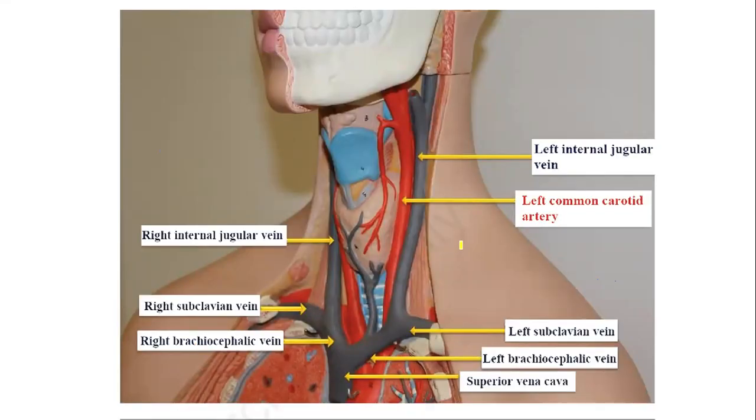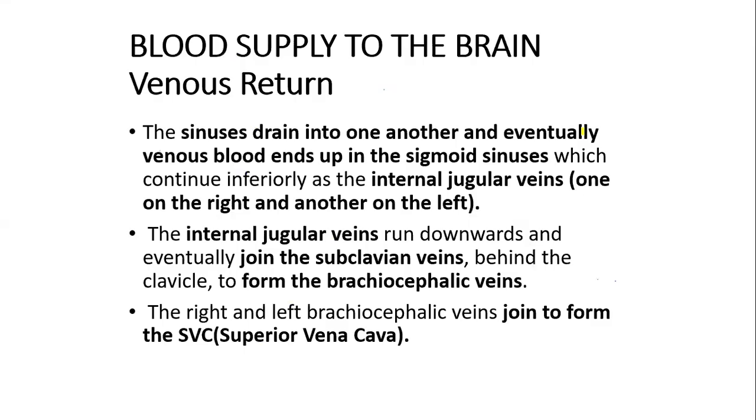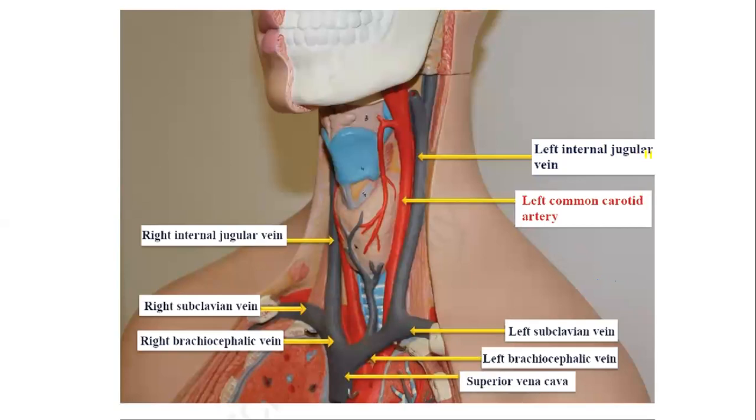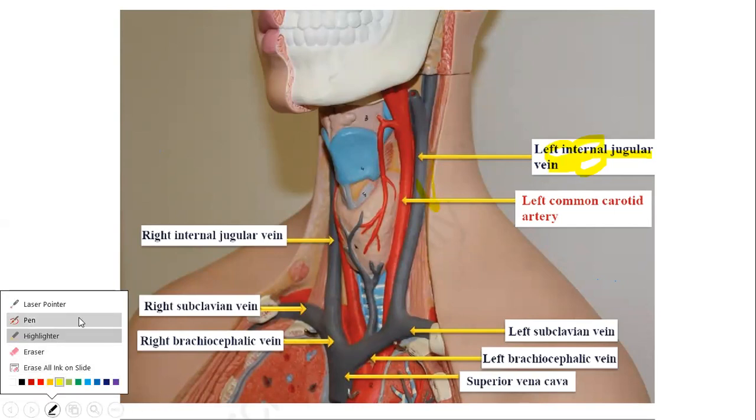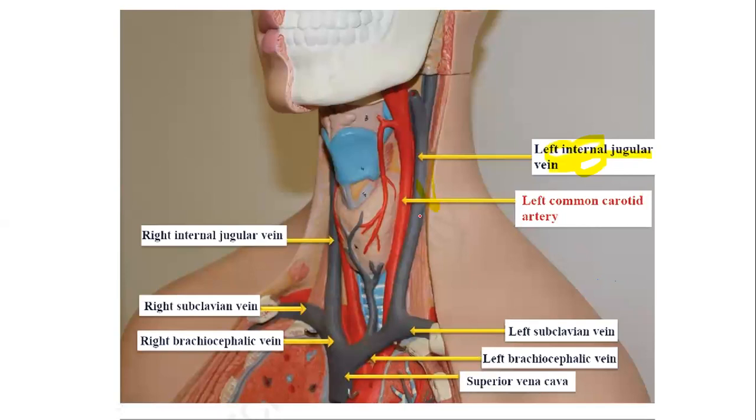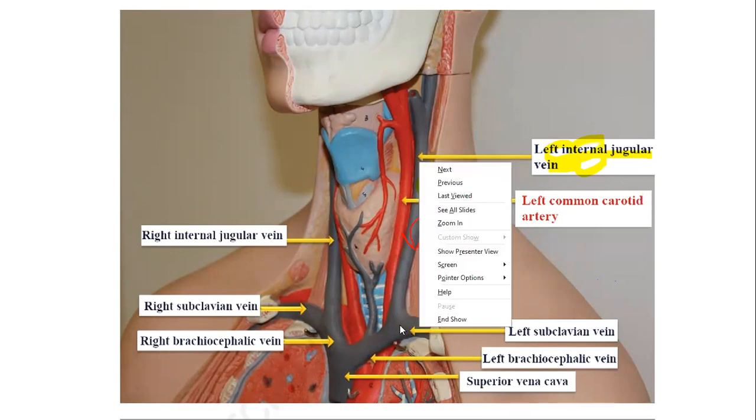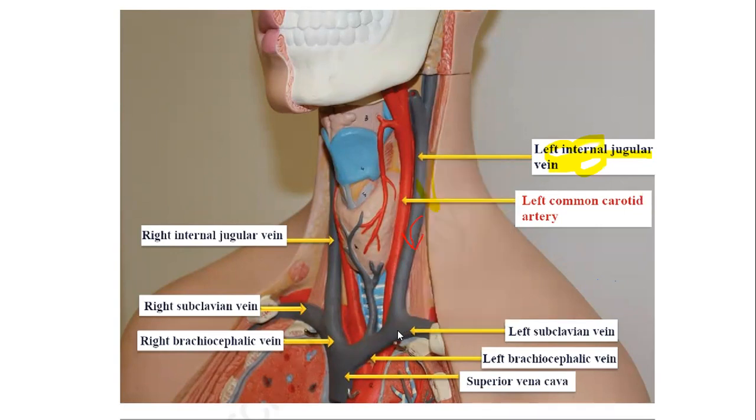As you can see here, the left internal jugular vein, this one, takes blood in this direction. Let me try to show you where. It takes blood from this internal jugular vein in this direction. Then after the internal jugular vein, there is this left subclavian vein.